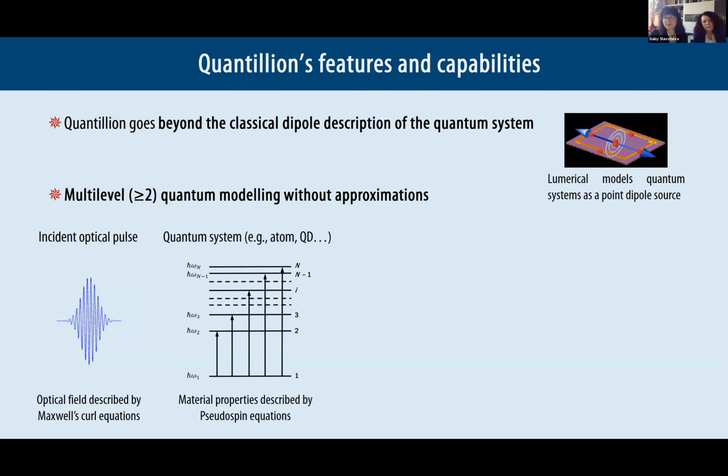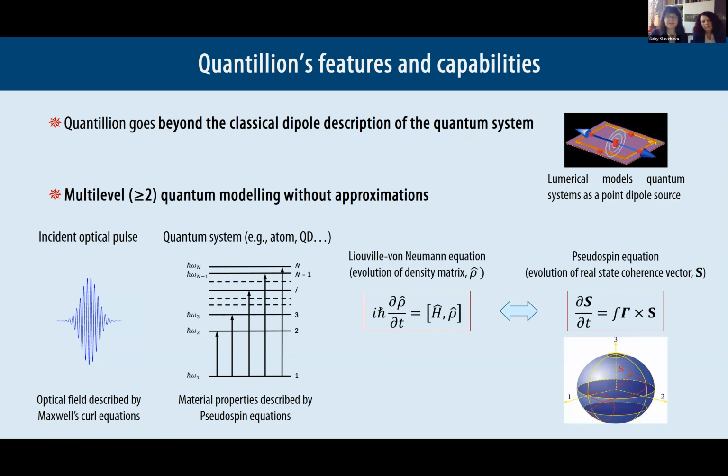The state of the quantum system is represented by the density matrix rho, and its dynamics are calculated using the Liouville von Neumann equation, cast into a form where the dynamics are represented by the real state coherence vector S. We have actually used a Sun-Lee group theoretical method to derive the time evolution equations to generate expressions for the dynamics of the n-level system.